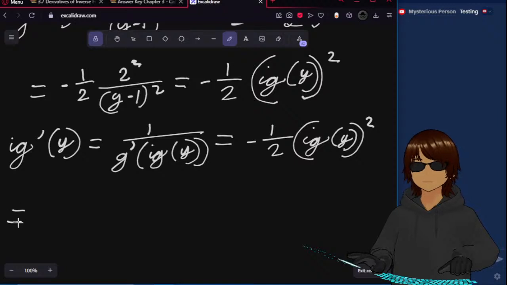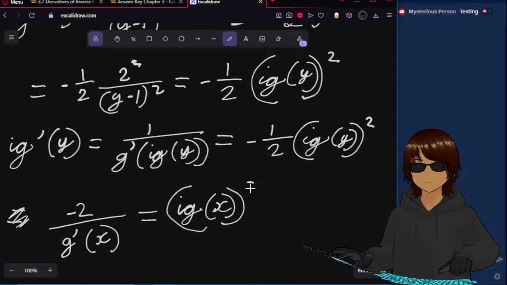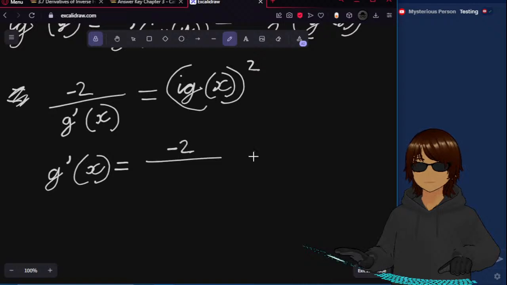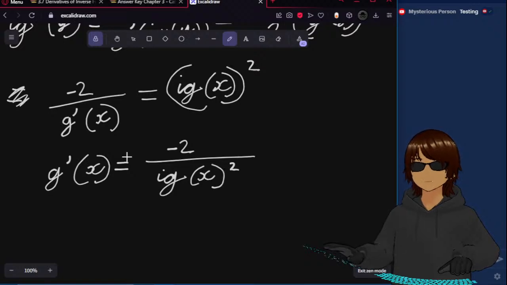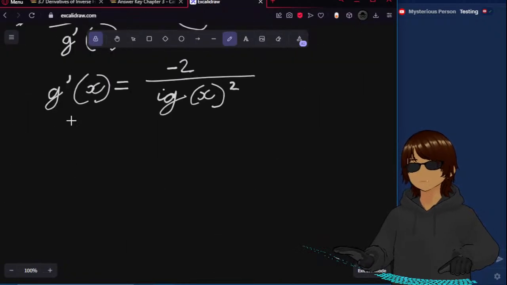Square, which is, look at this, so minus 2 x is square. That means this. So this is how we apply the inverse function theorem to find the derivative.